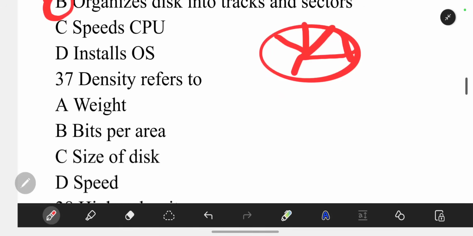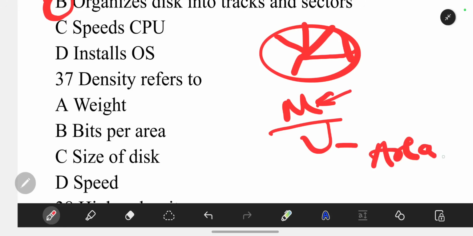Then when we look at density, we know from our physics that density is mass over volume. The mass, you can think of as the amount of data in a space. The volume, you just have your area. So data is just bits. Bits is the amount of information or data per area.